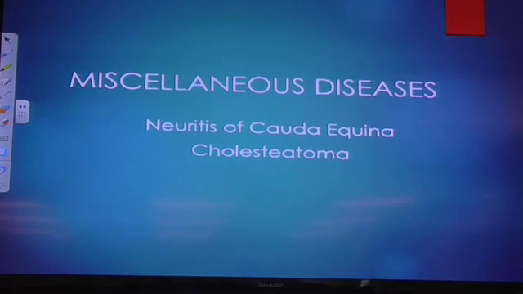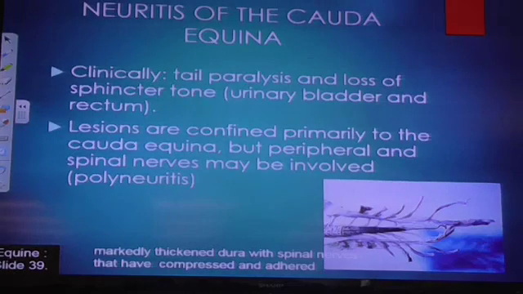The next two are, again, miscellaneous, and we won't spend a lot of time on them. So the first one, you may have talked about this in anatomy, and it's neuritis of the cauda equina. What's important to know is how it presents clinically.